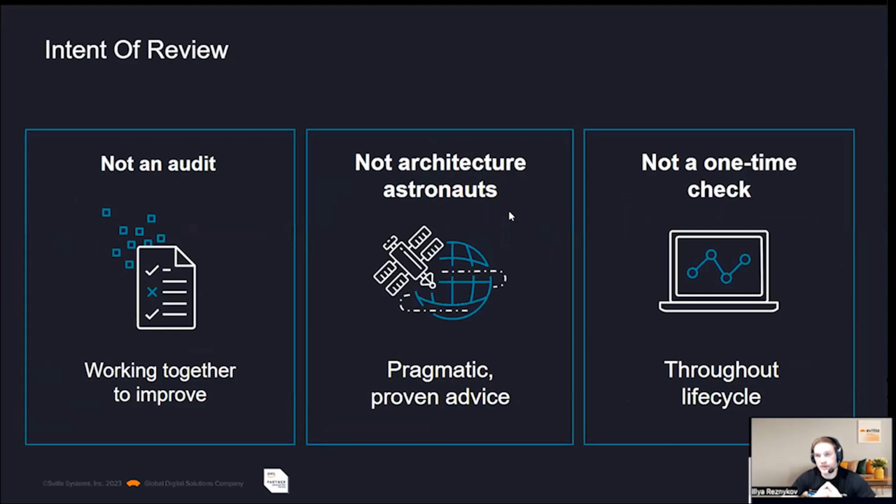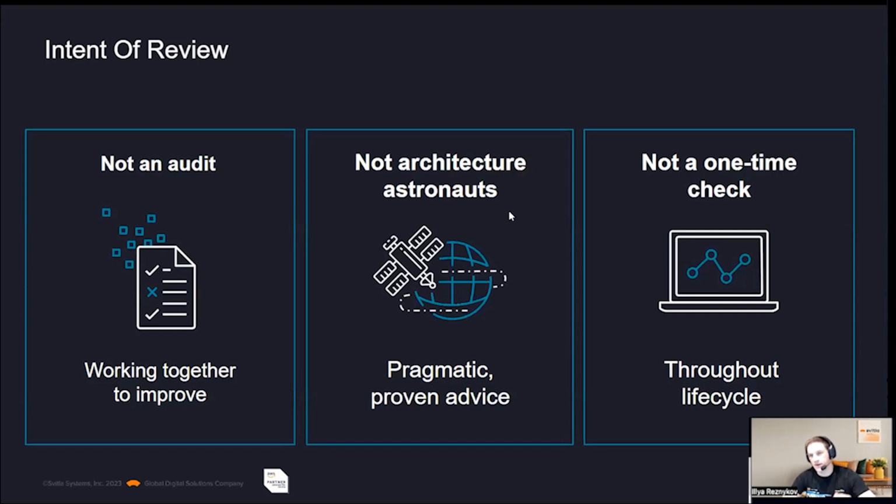The intent of a review is not an audit. It's better seen as the ability to work together to review infrastructure. It should be done in a blame-free approach, where different people work together, and it gives the ability to dive deep into a particular workload. The set of questions was designed not as something ephemeral, but based on real customer architectures.